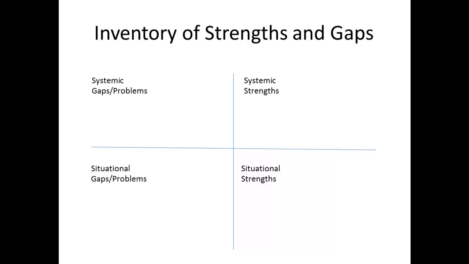So that's a gap that we'd have to address. So again, really separate long-term embedded strengths and weaknesses, as well as some of the more short-term or situational strengths and weaknesses. So you get an idea of what needs to be addressed and how hard it may be to address each one of these.